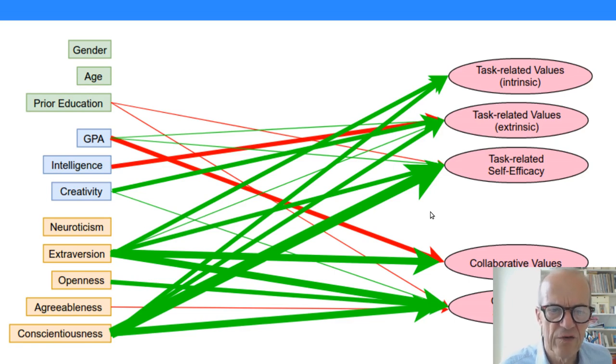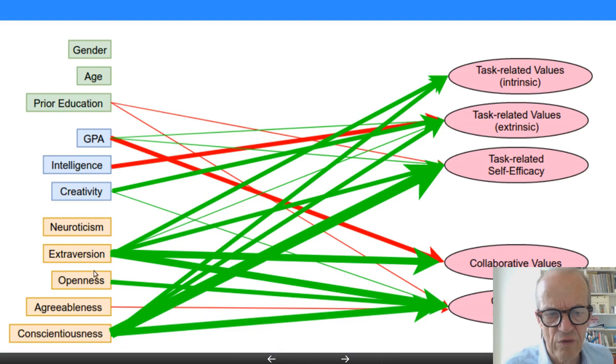But as far as creativity is concerned, there is a positive influence. So the higher the creativity score, the higher the extrinsic value of the task was evaluated. And there are strong positive effects from the extraversion characteristic in the Big Five, and also the conscientiousness characteristic, and also the openness to new experiences characteristic.